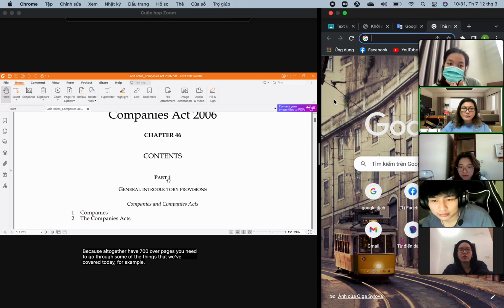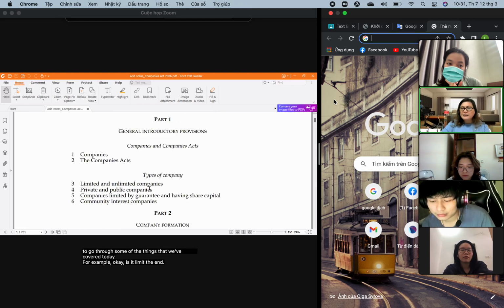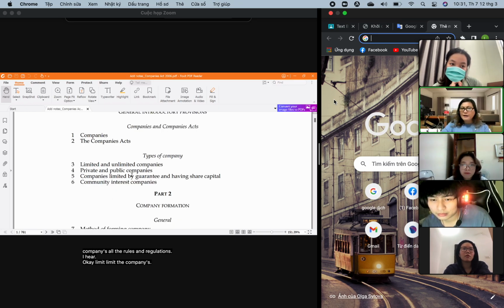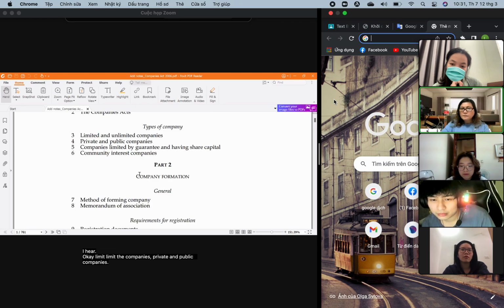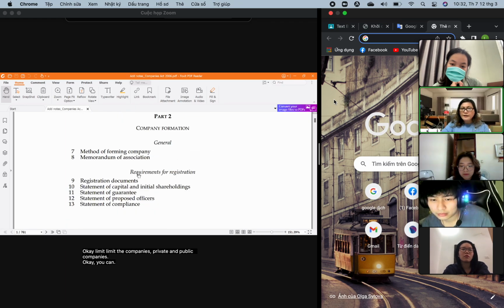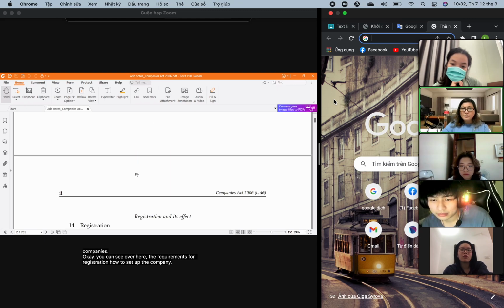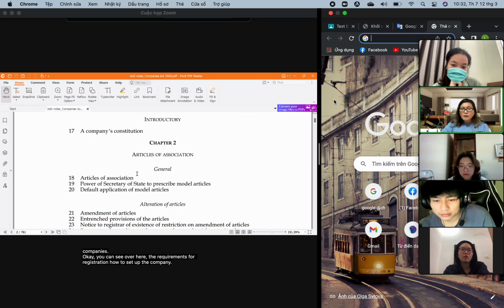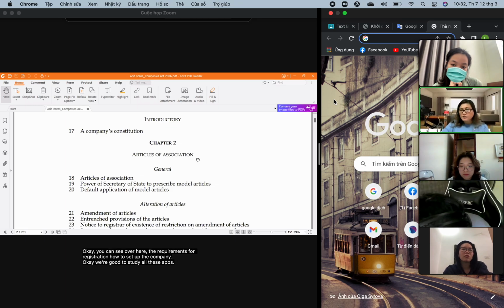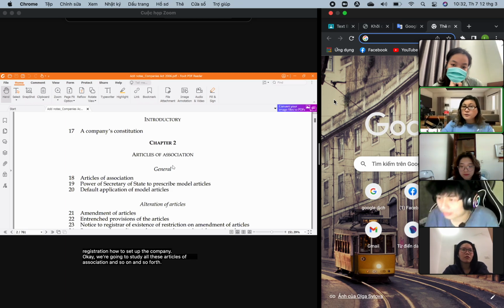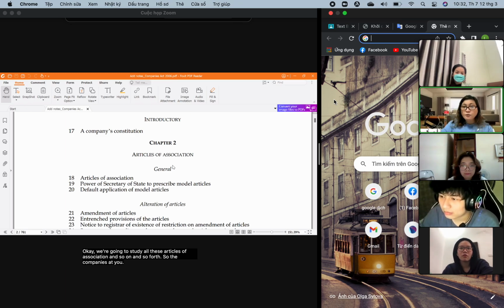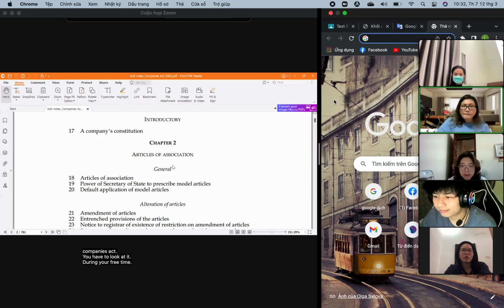For example, you see limited and unlimited companies, private and public companies, all the rules and regulations are here. You can see the requirements for registration, how to set up the company, and we're going to study the articles of association and so on. So the Companies Act, you have to look at it during your free time.